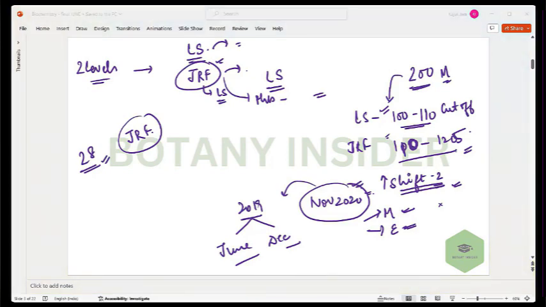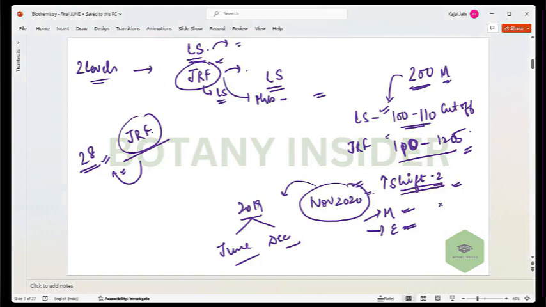Now there is relaxation of 5 years for various different categories, SC, ST, OBCs, PWD, women, and all of these, right? So 28 is the age limit. In addition to that, for the reserved categories, there is a relaxation of 5 to 3 years depending upon your category itself, right? So for a JRF, you can apply till 28 years of age, and for LS there is no age limit. Okay, so now these are the things.